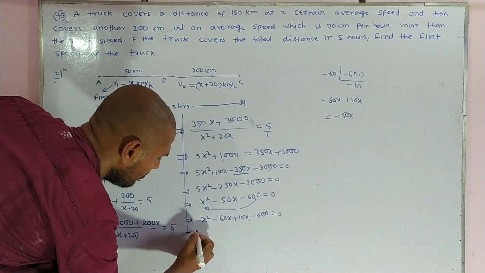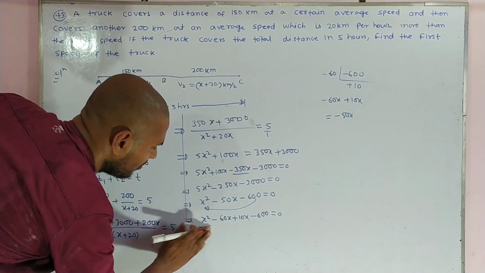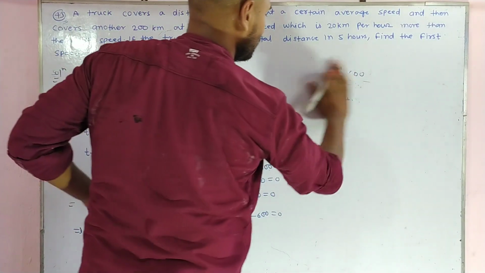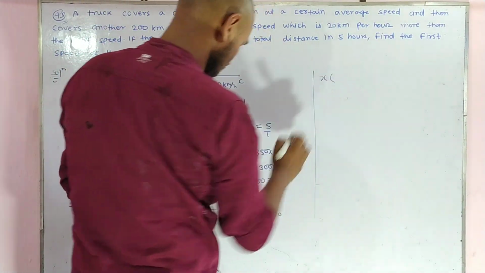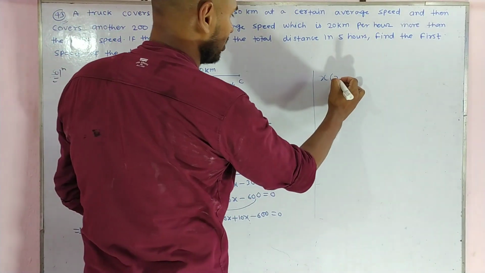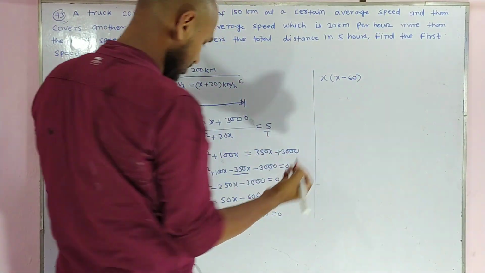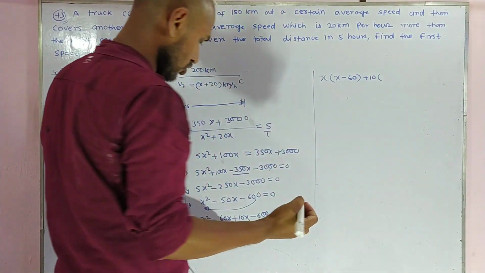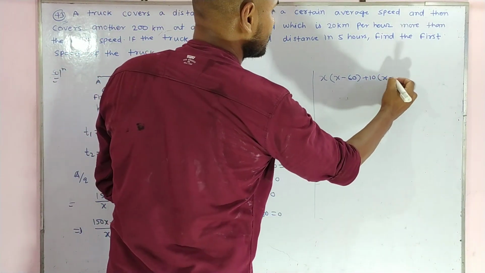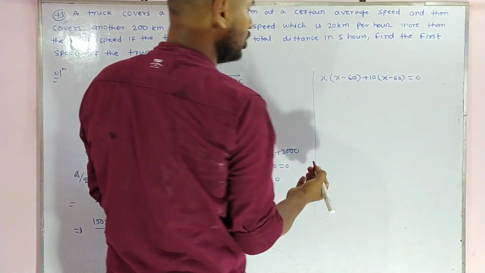As you take common x, x remains, and minus 60 will also remain. As you take plus 10 common, x minus 60 also remains, equal to 0.